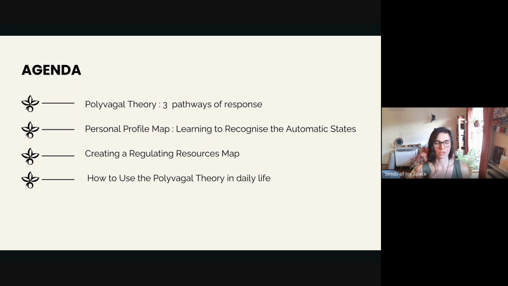And we will also just explore how to use the polyvagal theory in daily life. But as I already said, it takes quite a bit of time, because we have to learn about our nervous system, and we have to start recognizing our patterns and our autonomic responses.